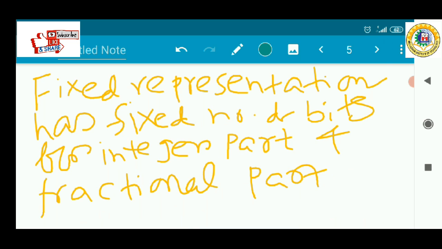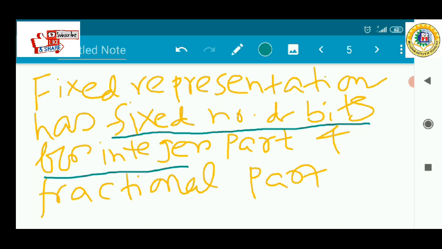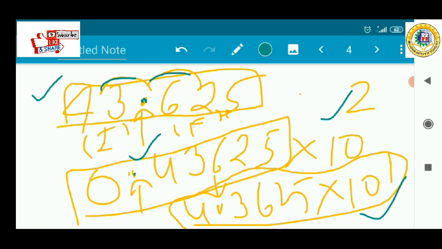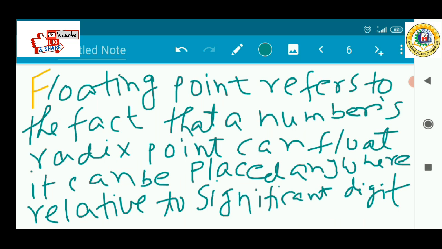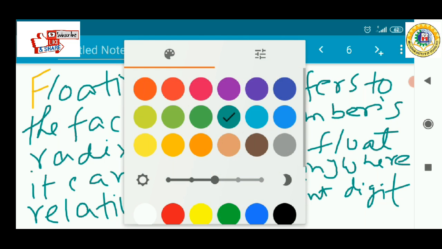Now this is the formal definition of the fixed point representation: it has a fixed number of bits for the integer part and a fixed number of bits for the fractional part. That is the fixed point representation. And for the floating point representation, this is the formal definition.